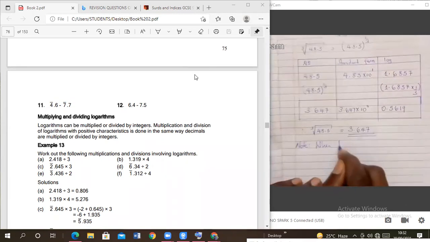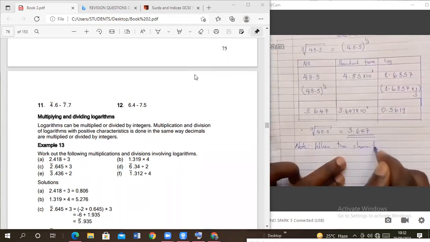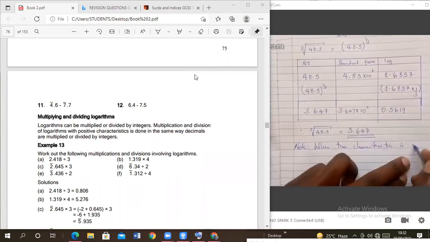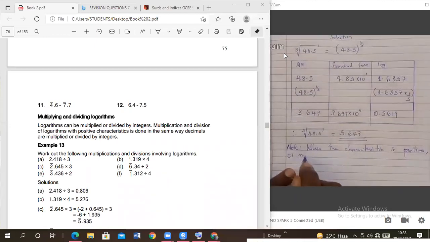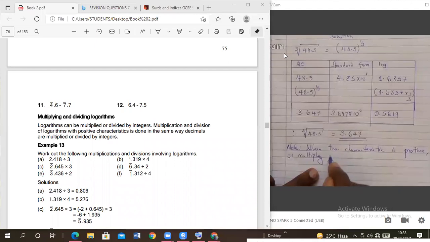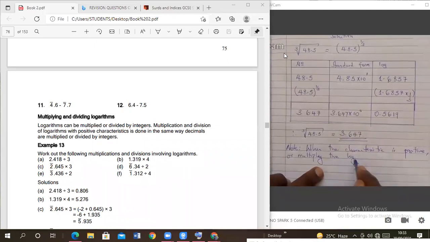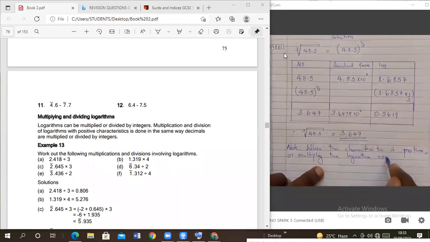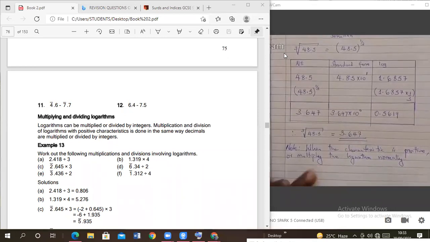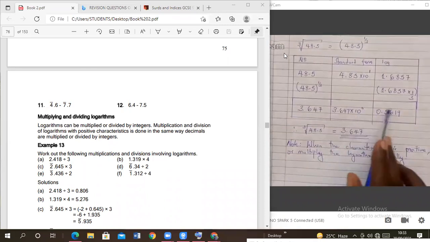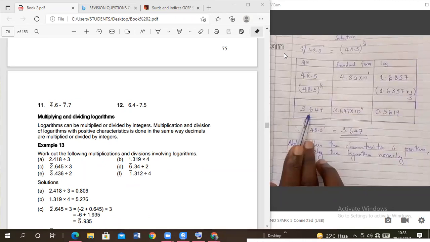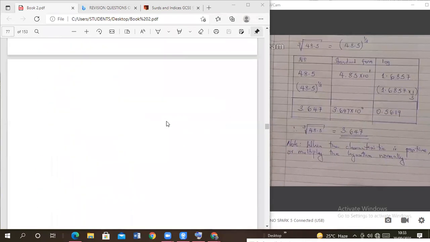When the characteristic is positive, divide or multiply the logarithm normally. Then you get the antilog, times 10 to the power 0. You get the antilog of this, which is 3 point that. Are you together, members?